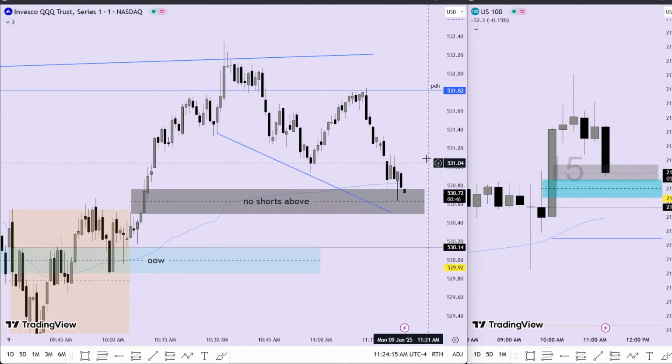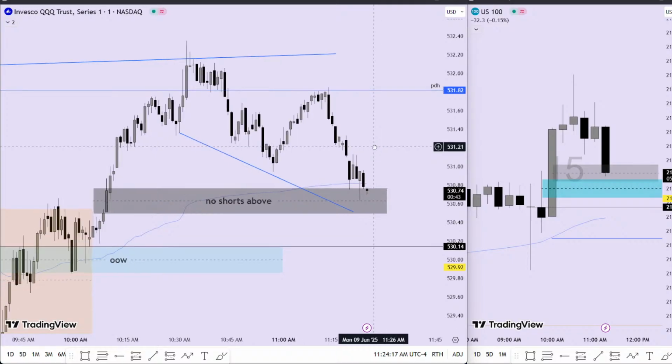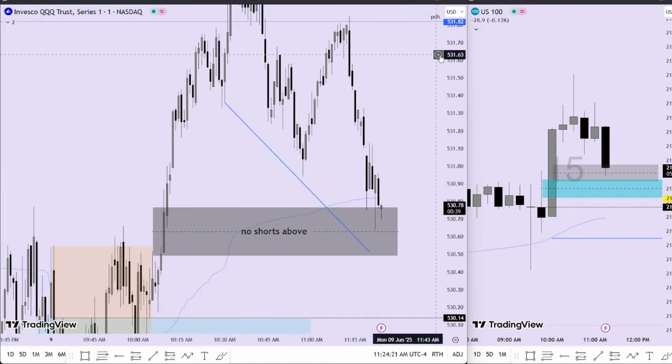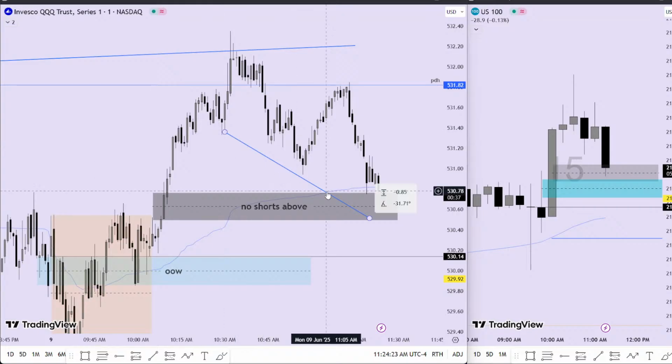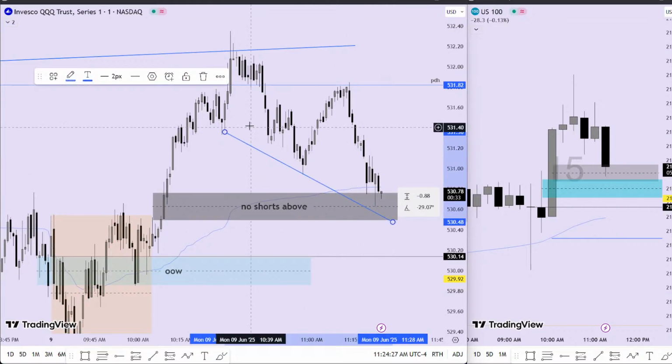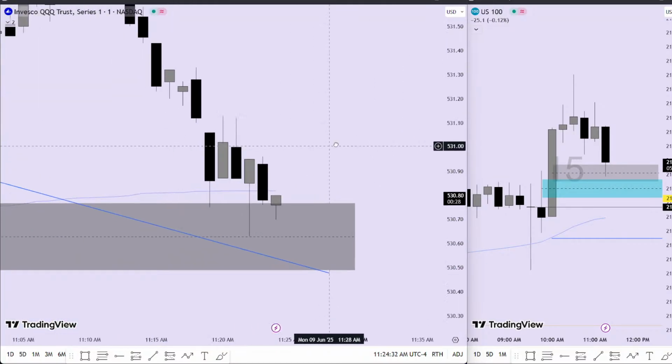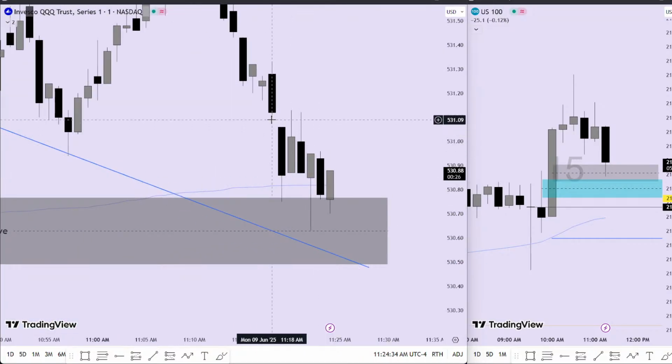On a 1 minute time frame, this can be a wedge bottom. So be careful shorting this. One step, one leg, the second leg. This is a 1 minute time frame. Just keep this in mind.